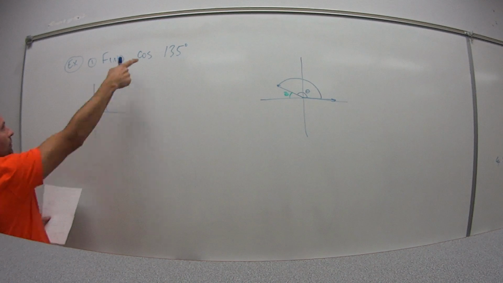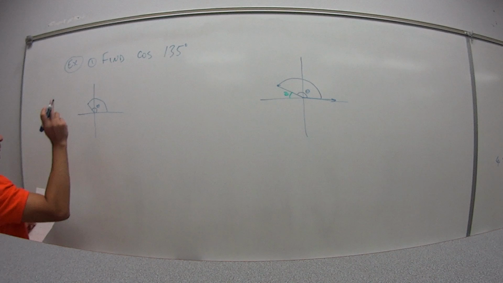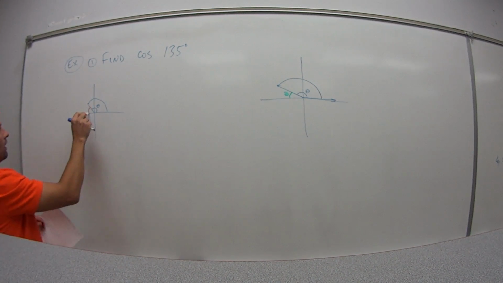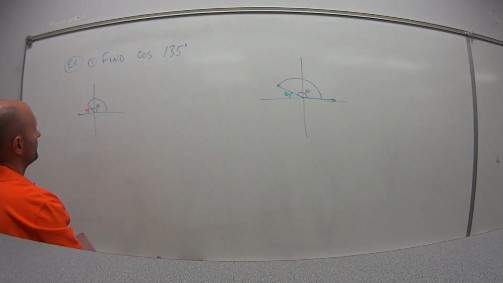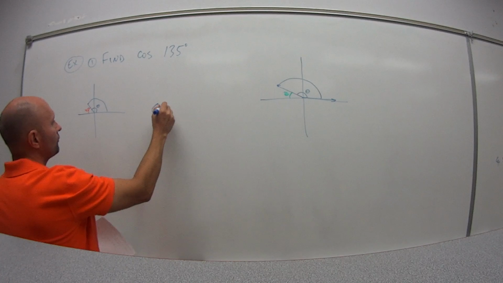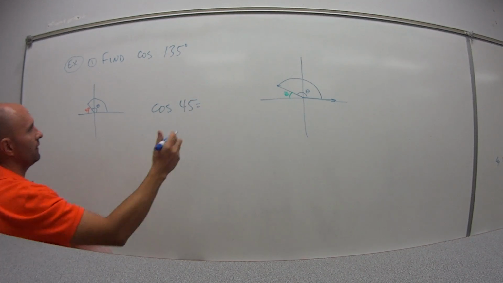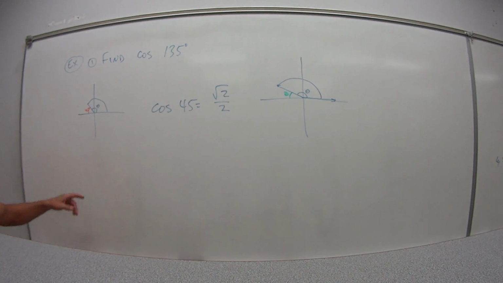So theta is 135 degrees. The reference angle would then be 45 degrees left over. So cosine of 45 is equal to what? It's equal to square root of 2 over 2.